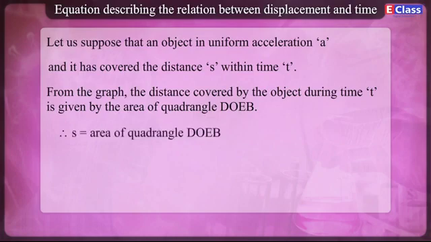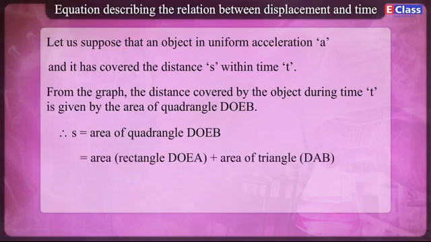Therefore, s is equal to area of quadrangle DOEB, which is equal to area of rectangle DOEA plus area of triangle DAB.